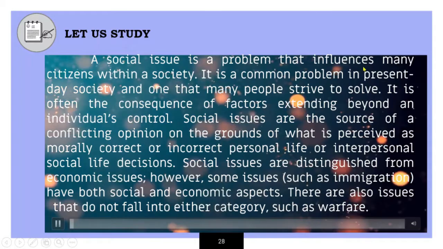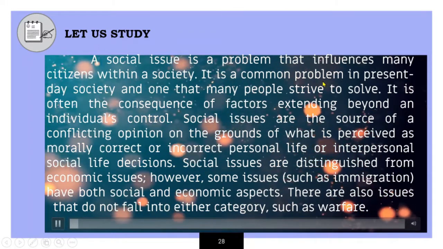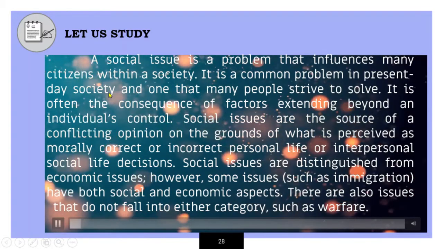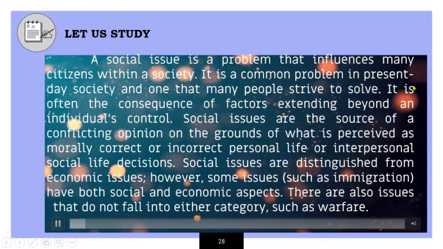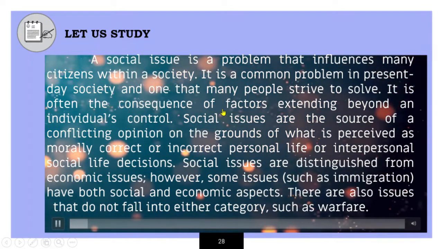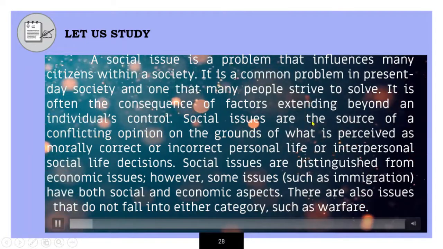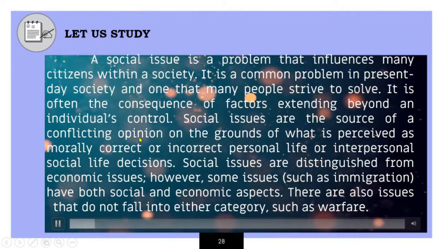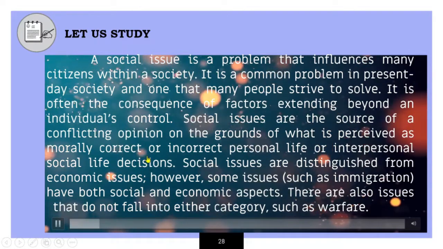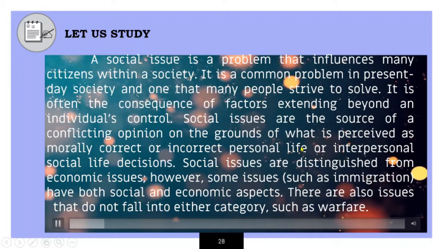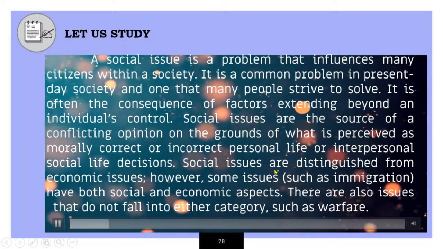A social issue is a problem that influences many citizens within a society. It is a common problem in present-day society and one that many people strive to solve. It is often the consequence of factors extending beyond an individual's control. Social issues are the source of conflicting opinion on the grounds of what is perceived as morally correct and incorrect personal life or interpersonal social life decisions.